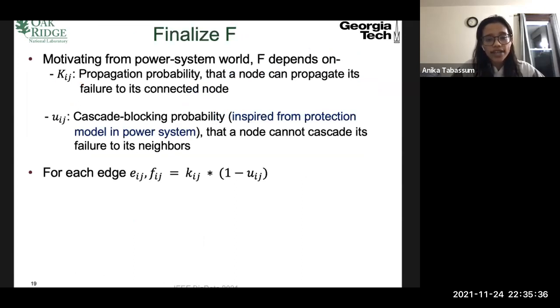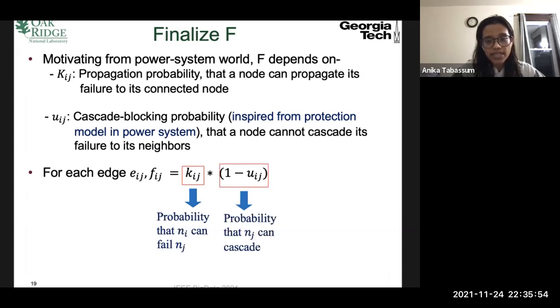So now to finalize our failure cascade model F, our power component failure is important for contingency analysis if it has the ability to fail its neighbor, which can also cascade. F is also based on the probability that both properties, propagation probability and cascade blocking, need to occur together.